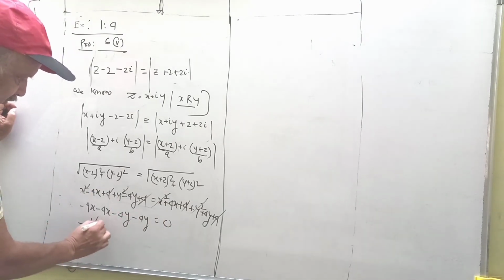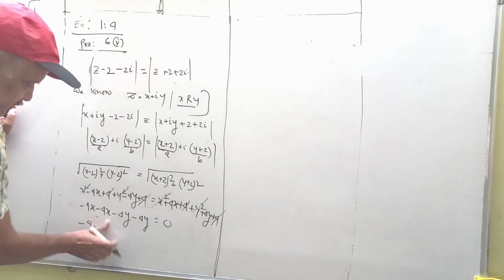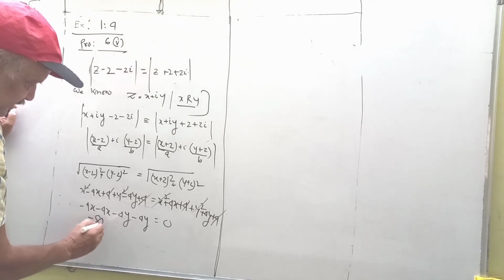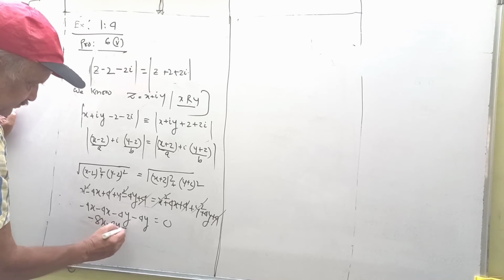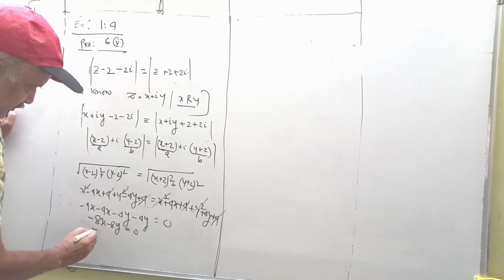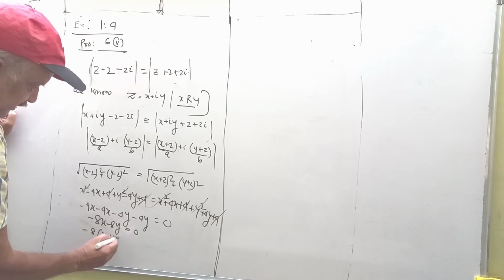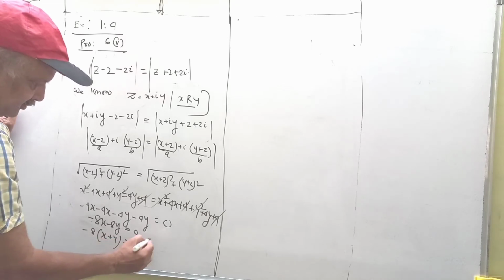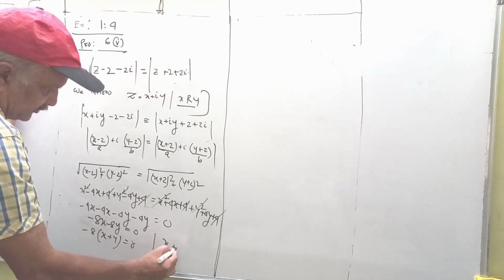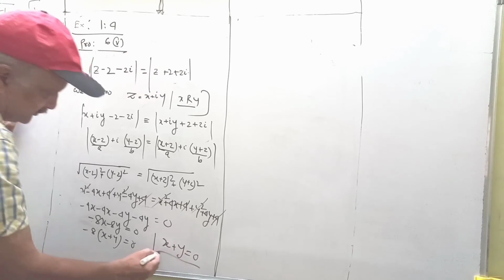Minus 4 common, this is minus 8x minus 8y equal to 0. Taking minus 8 common, x plus y equal to 0, and you are getting x plus y equal to 0.